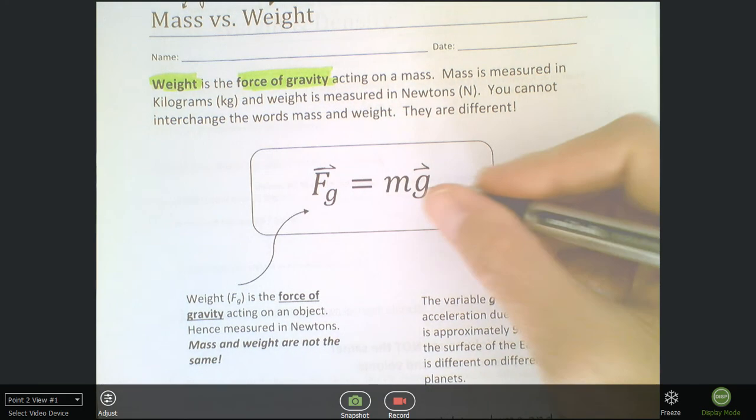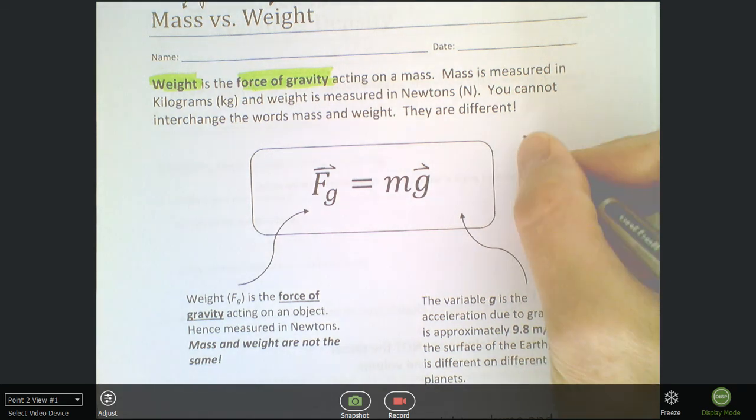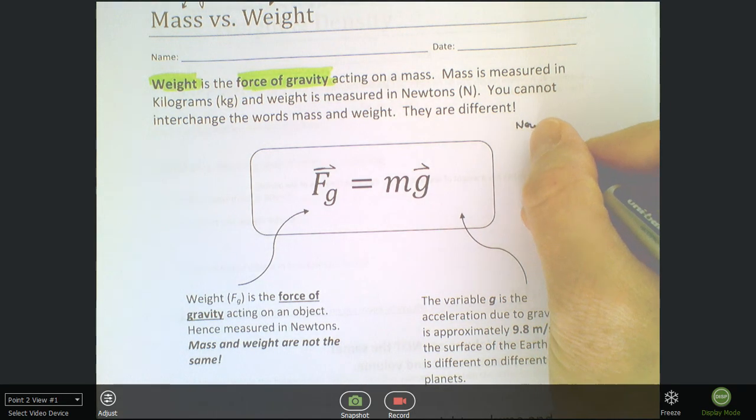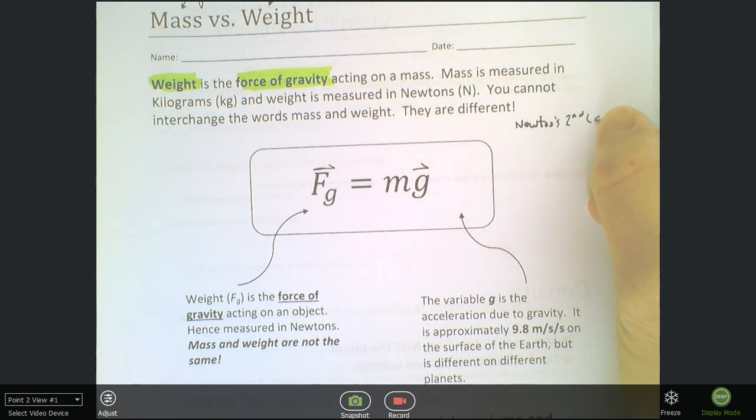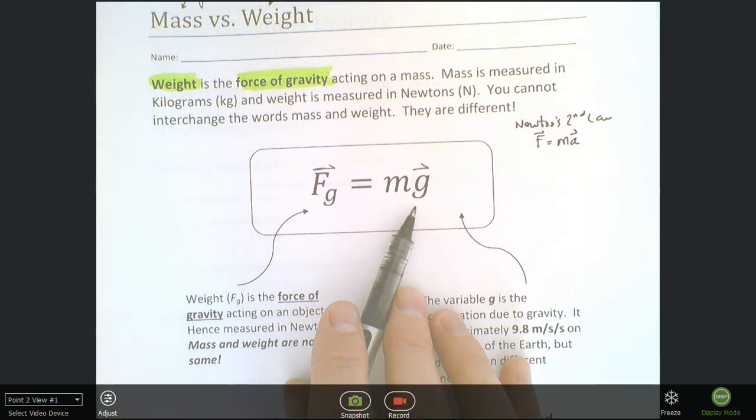Now, this is basically, if you remember back to Newton's second law, and I'm going to leave off the net force and all that kind of stuff, it said that the net force acting on an object is mass times acceleration. So since there's an acceleration of gravity, we call it g. You multiply by the mass.